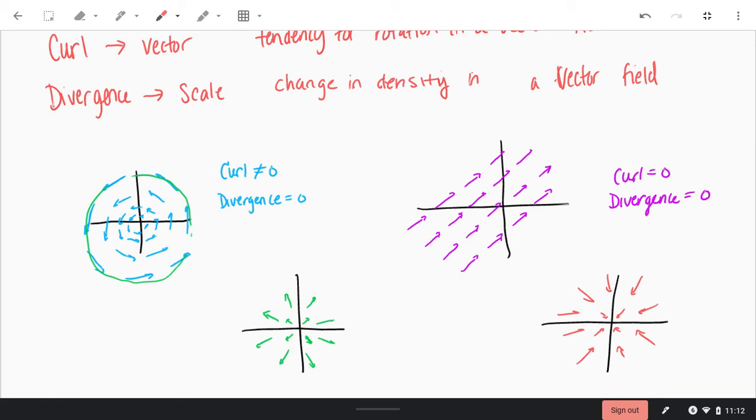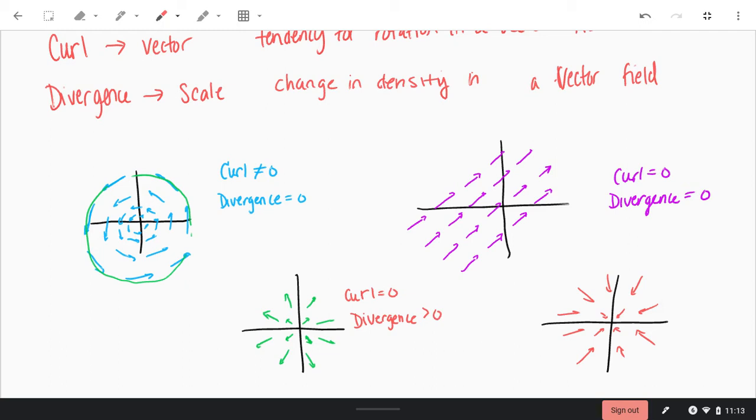In the green one here, the curl, I believe, I'd have to think about it a little bit, the curl is 0. We have no tendency to rotate there. I'll try to graph that one in a little bit. But what's more important here is that the divergence is actually greater than 0. We are diverging here.